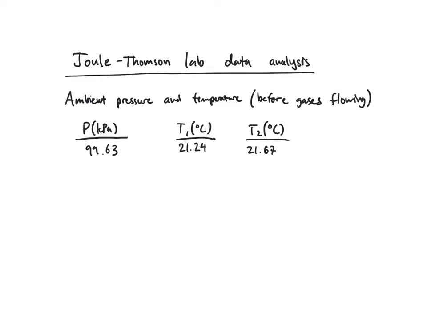21.67. Now those two temperatures were measured using different temperature probes, and in a perfect world, they should be the same number. However, the two probes that we were using are a slightly different design, made in different factories, perhaps at different times. So they're going to give you a different absolute temperature. But that's okay, because we don't care about getting an accurate absolute temperature.